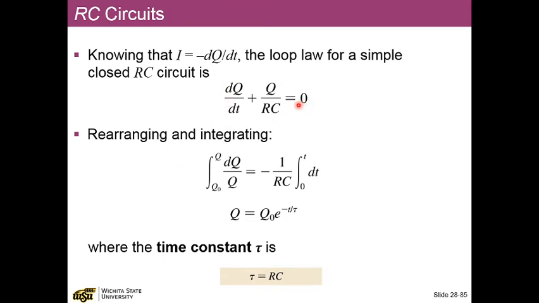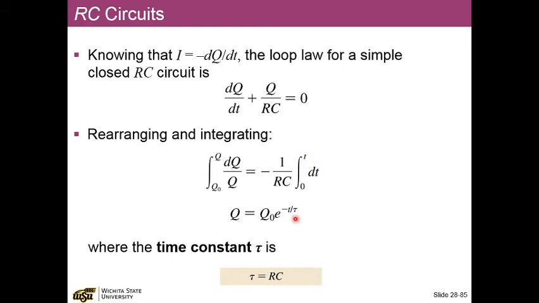To find how the charge decays as a function of time, you just need to integrate both sides. Initially the charge on the capacitor is full, Q naught. At some point it is Q. The initial time is t equal to 0, and at some later time t.